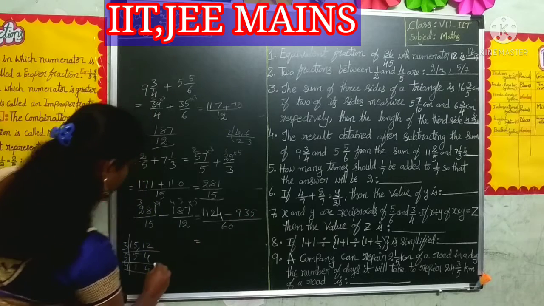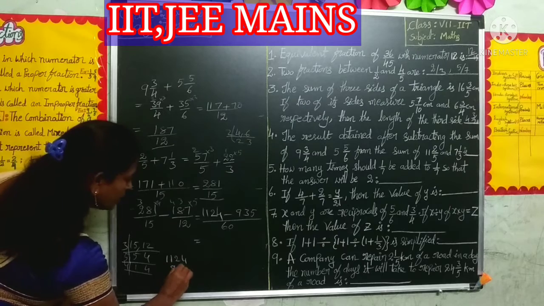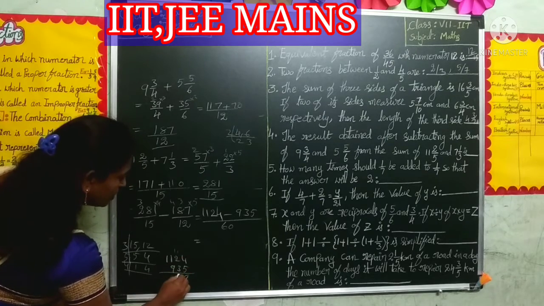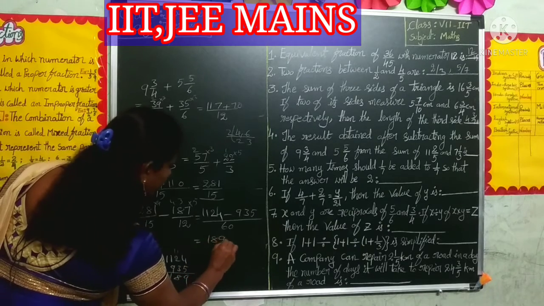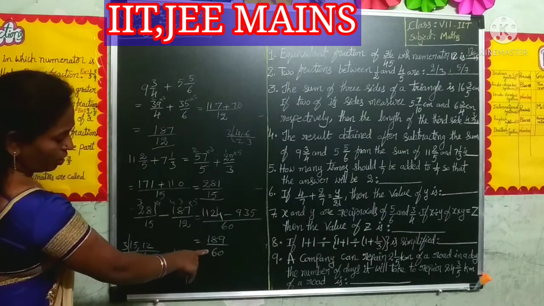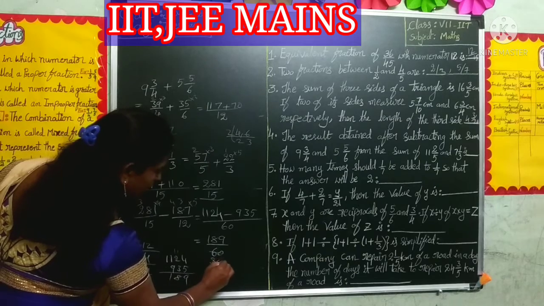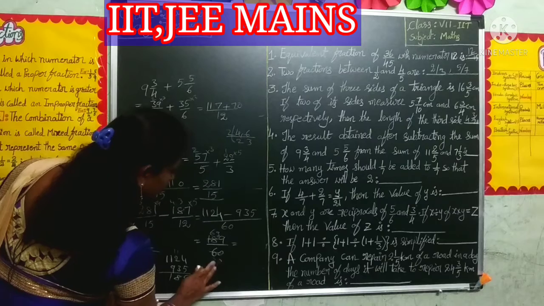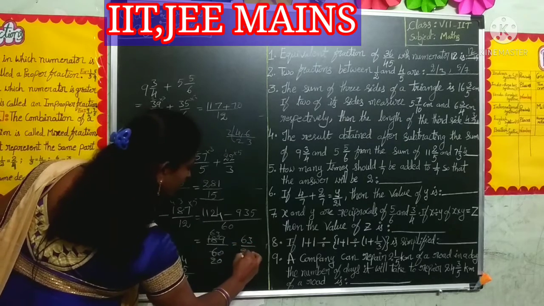That is equal to 1124 minus 935. Subtract: 9 from 11 is 2, 8, 1. So 189 by 60. In this both, 3 table is possible. Check it: 30 times, here 6 3 times, so 63 by 20.